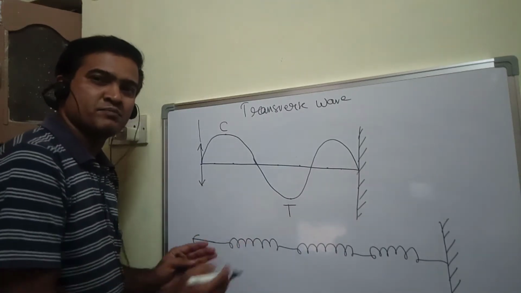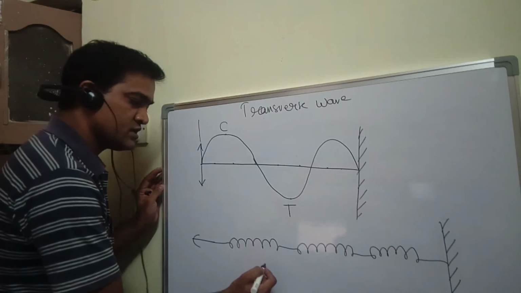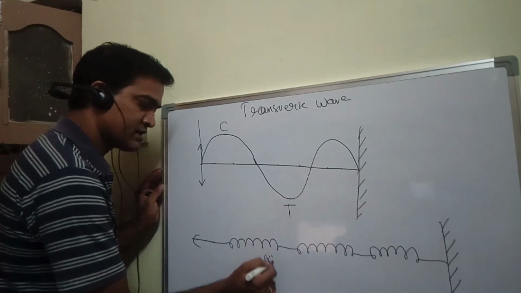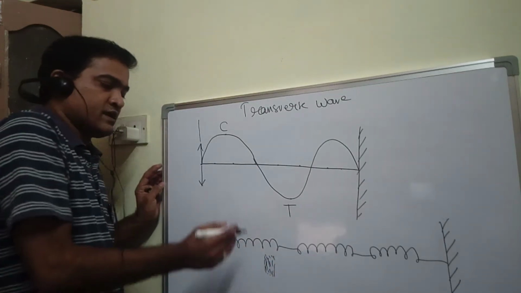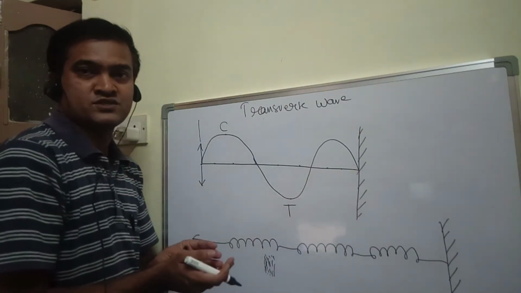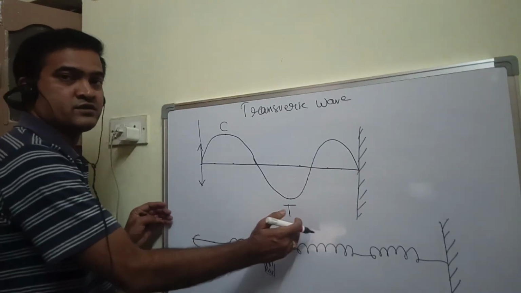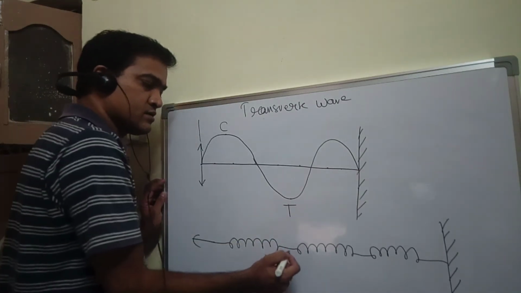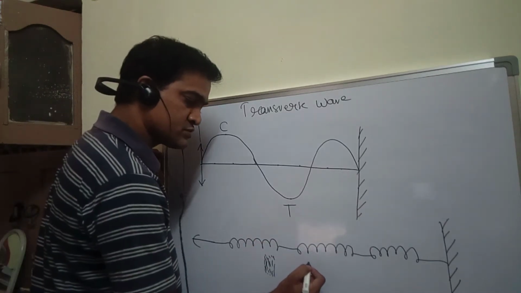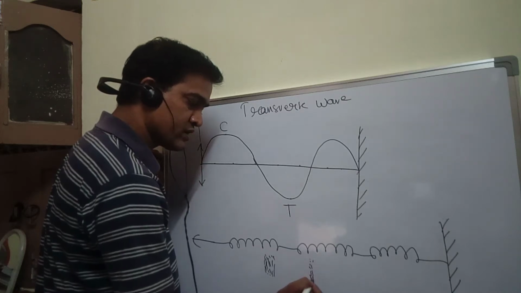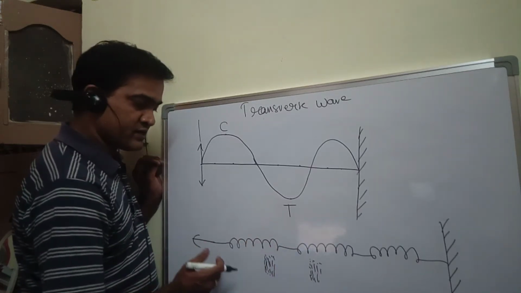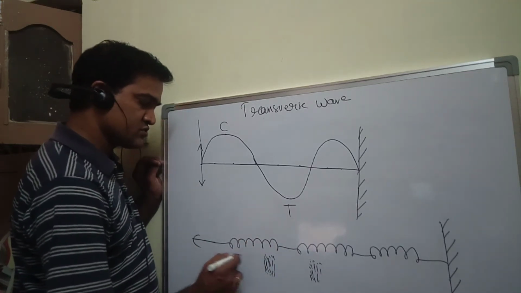I'm not showing you the compression of the spring, I'm just showing you the particles coming closer, and thereby this spring will force the other spring to get compressed, and this spring will elongate. Now here, if this spring pushes the second spring, the particles will come very close, and thereby the first spring gets elongated, so I can show you the elongation in this way.